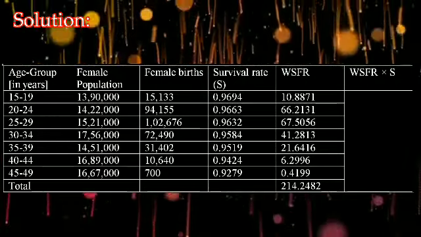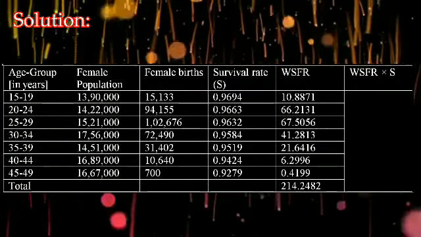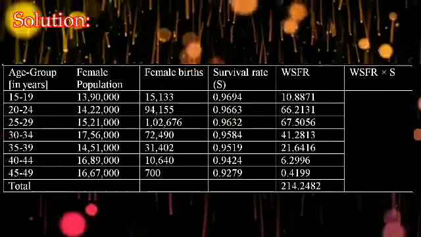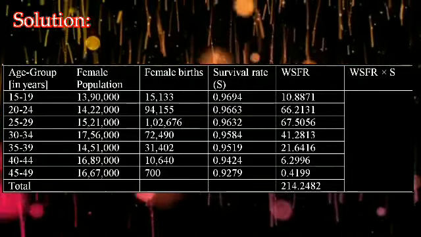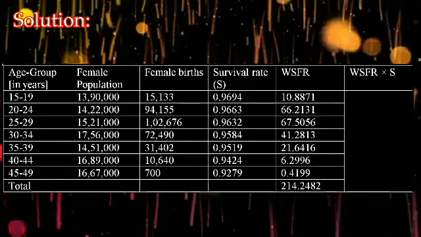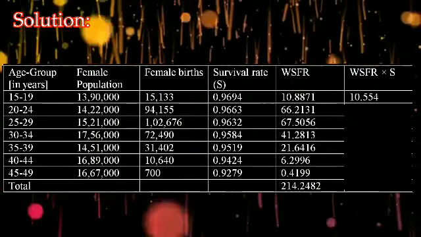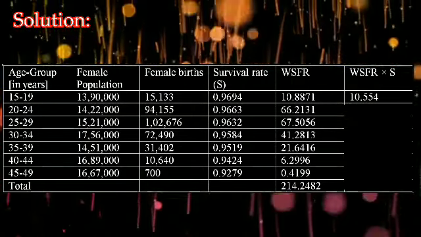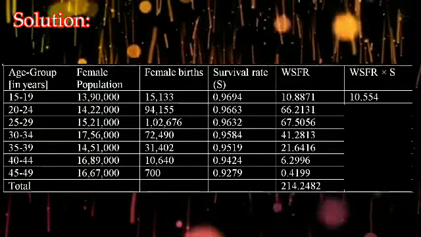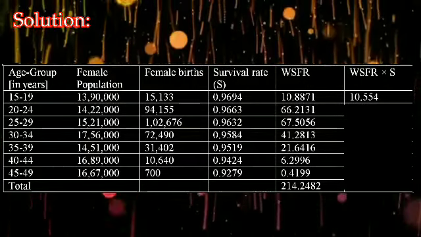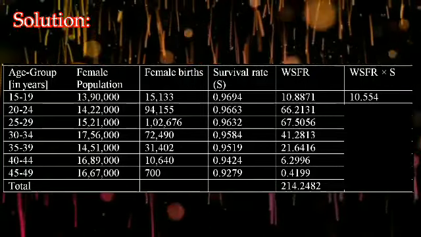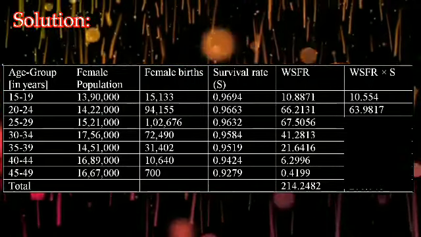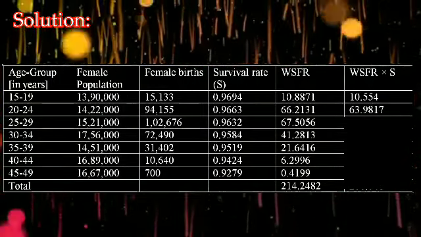Now, in order to find NRR, you should find the product of WSFR into S. So here, the first WSFR value 10.8871 multiplied by survival rate, which is 0.9694, that is equal to 10.554. Second value, 66.2131 multiplied by 0.9663, that is equal to 63.9817.